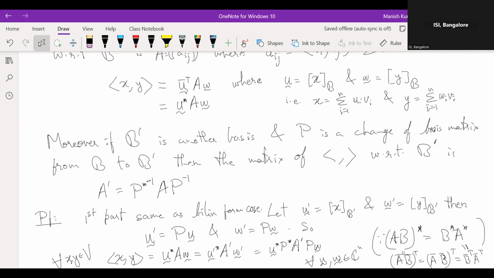If we change the basis, then the matrix changes by this formula.